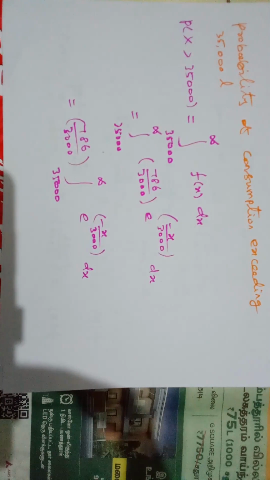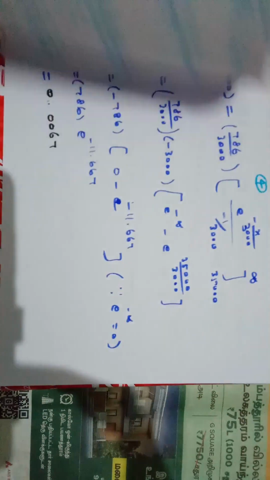So from 35,000 to infinity, f of x is 786 by 3000 into e power minus x by 3000 into dx. Take the constant outside, and then e power minus x by 3000 into dx. The integral of e power minus ax dx is e power minus ax by minus a. Already we know the formula. Let us apply the formula here.